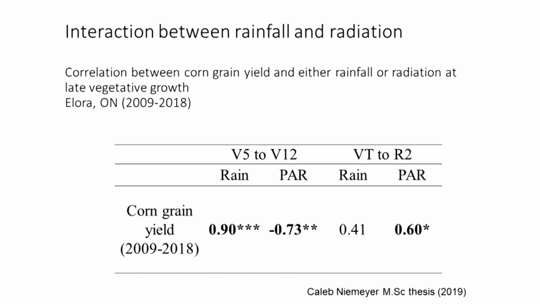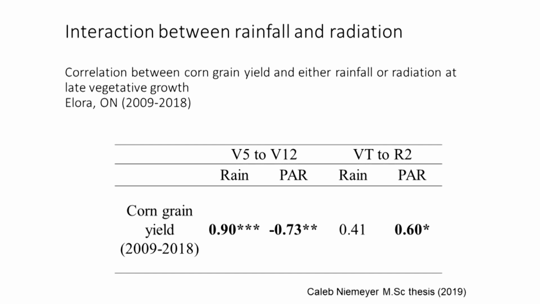If we went a bit later in the season from VT or tasseling to the R2 stage of corn development, there was no significant relationship between rainfall during these growth stages and corn grain yield, right? A non-significant correlation, but photosynthetically active radiation between VT and R2 was significantly and positively correlated to grain yield.